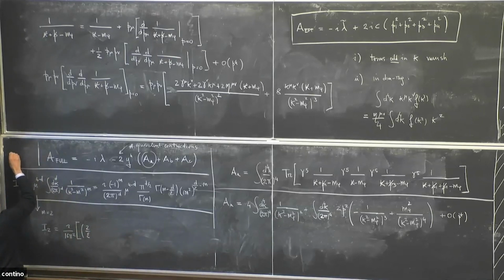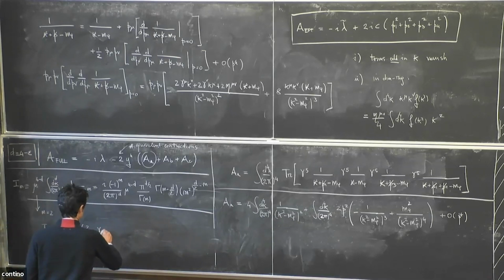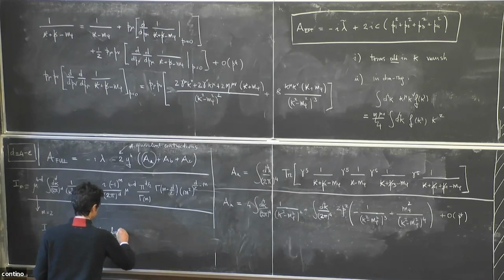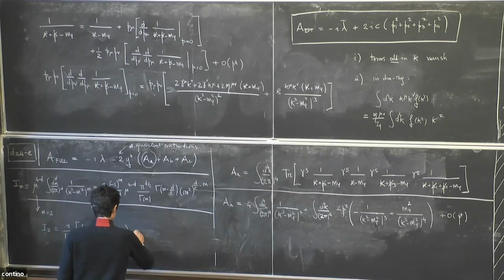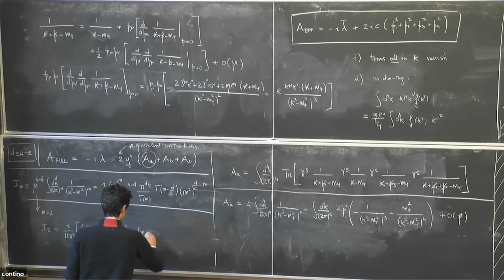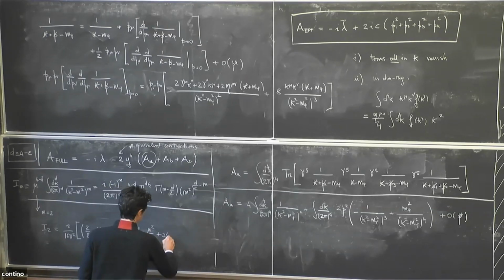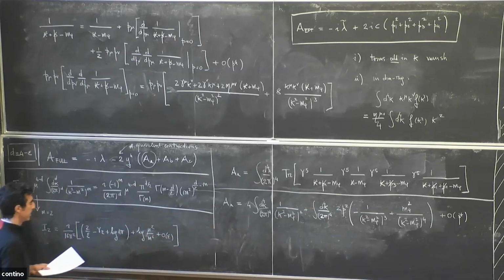So d is 4 minus epsilon, okay, as usual, minus gamma e plus log of 4 pi plus log of mu squared divided by m squared plus order epsilon, which eventually vanish and are not important.